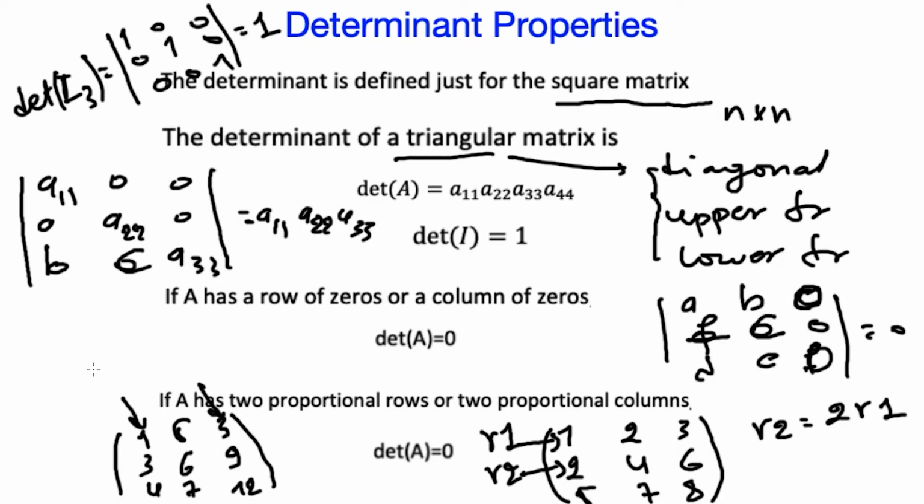C3 equals 3 C1, because multiplying by 3 gives 3, then 9, and then 12. So this kind of matrix always has determinant equal to 0.